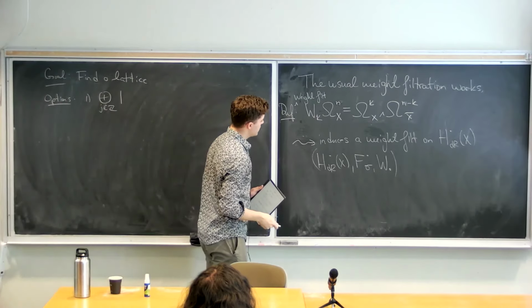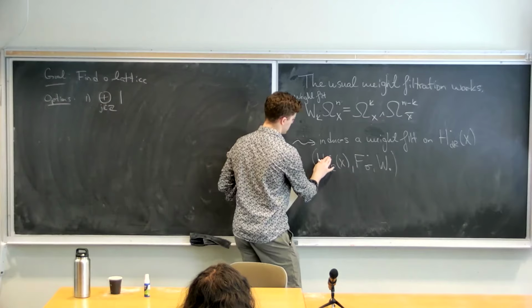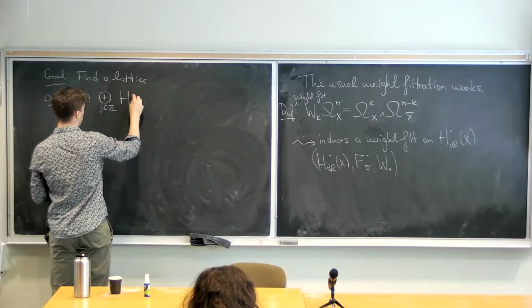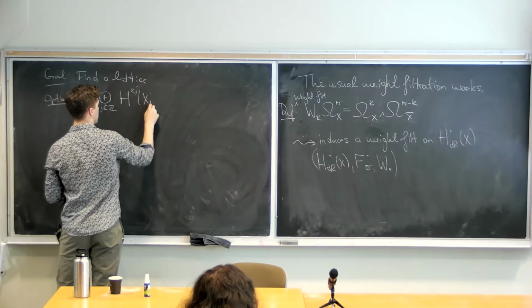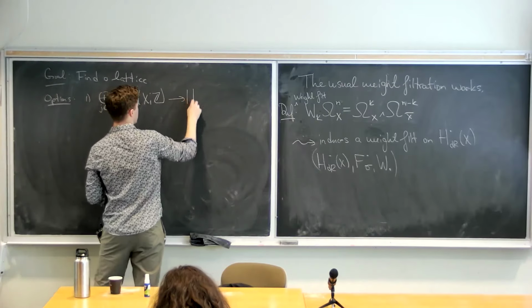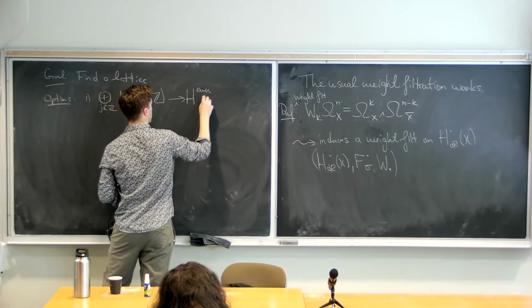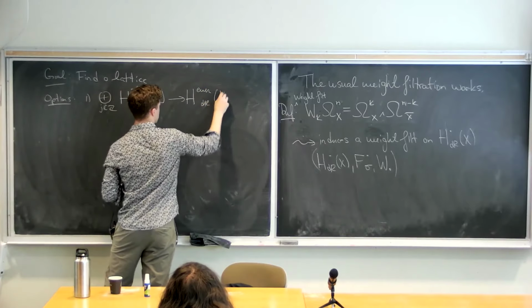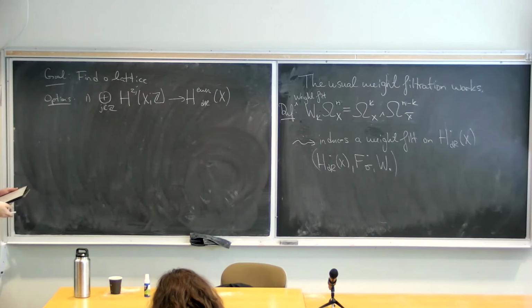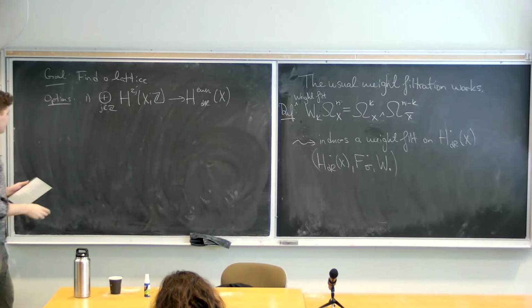We could just take the even and odd cohomology groups living inside of here, and same for the odd. This is the first thing you would probably do.